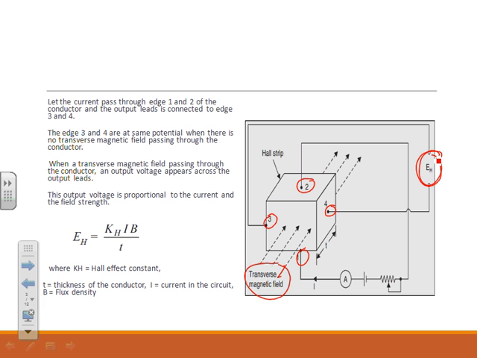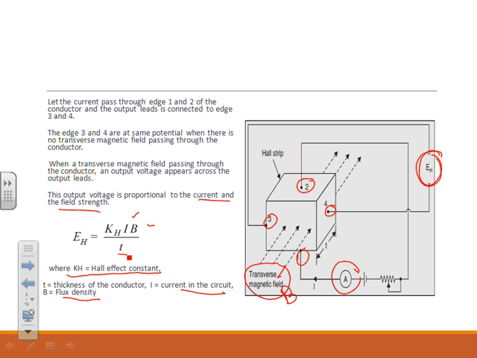This output voltage is proportional to the current and the magnetic field B. It is written as EH equals KH into I into B divided by T, where KH is the Hall effect constant, I is the current in the circuit, B is the flux density, and T is the thickness of the conductor.